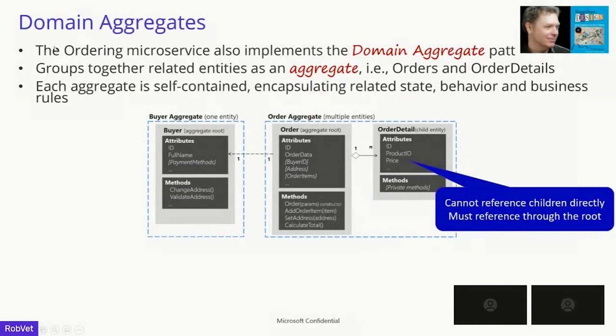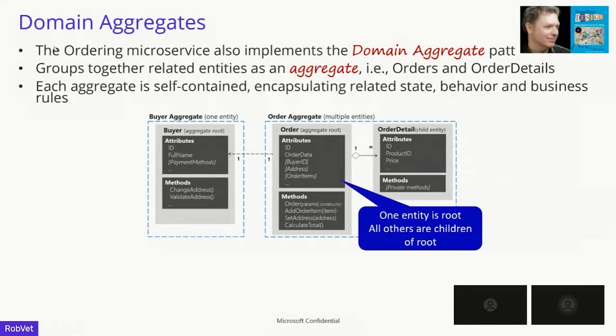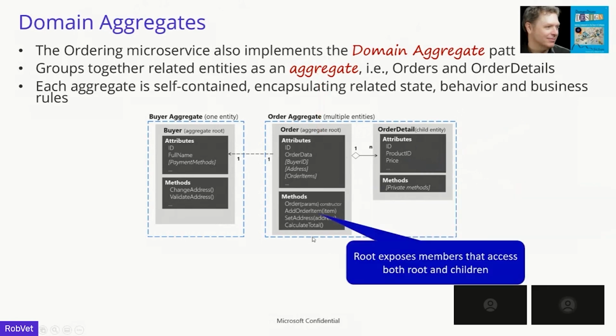So what's good about that then is pretty much anytime we want to reference an order, we always go through the root. So if I need some information about order detail in this particular scenario, I'm not going to talk to order details separately. I'm going to go in through the aggregate root. It is going to expose members not only for itself, but it will also expose members for the children.